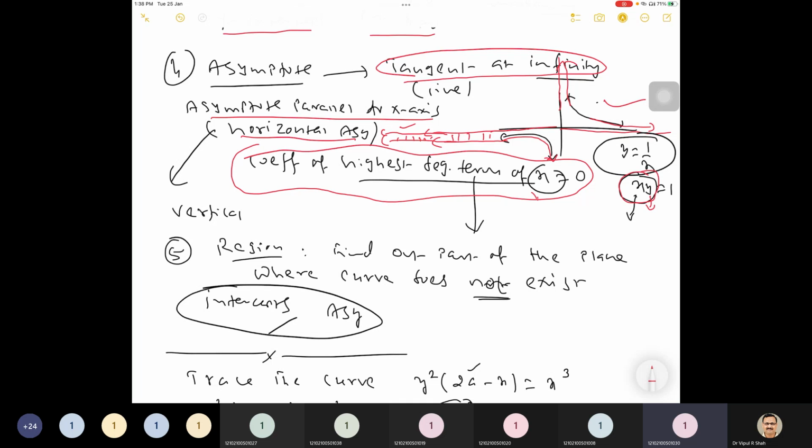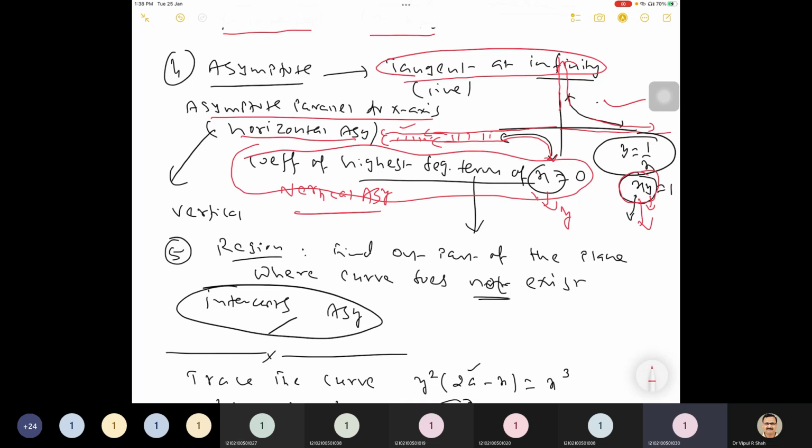In the same way, find the vertical asymptote. For the vertical asymptote, the coefficient of the highest degree term of y should be equal to 0. Coefficient of the highest degree term of y equal to 0. In the same example, the coefficient of the highest degree term of y is x.